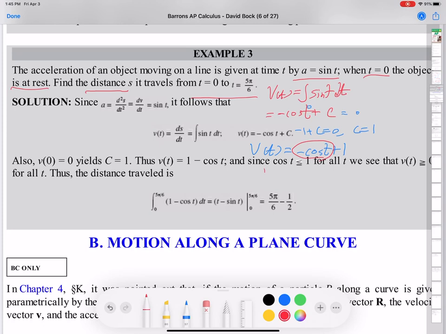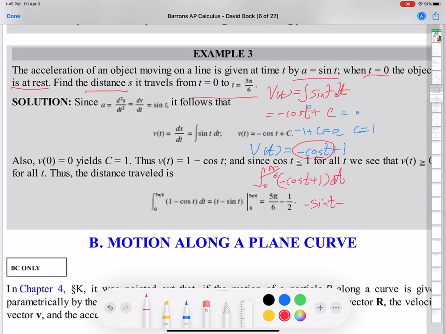Just find the integral from 0 to 5 pi over 6 of negative cosine t plus 1 dt. The integral of cosine is sine, so negative sine t. For any number, the integral is the number times t, right?